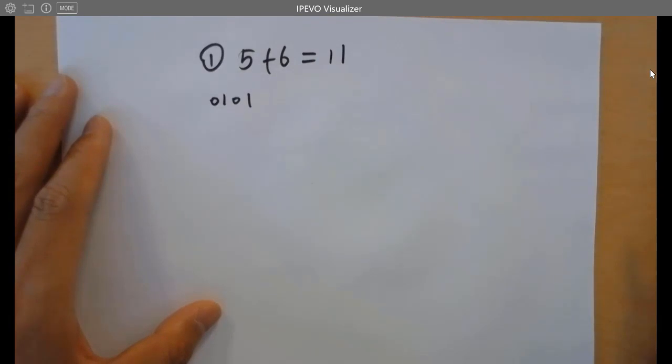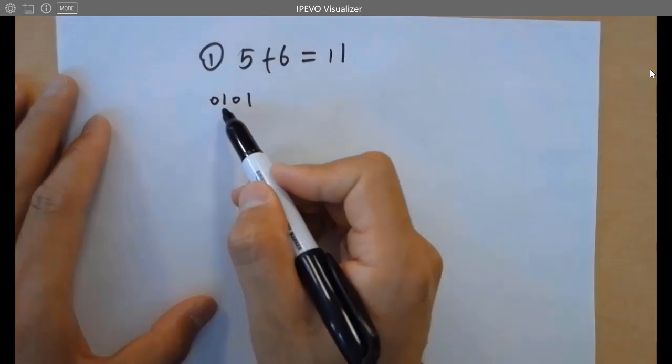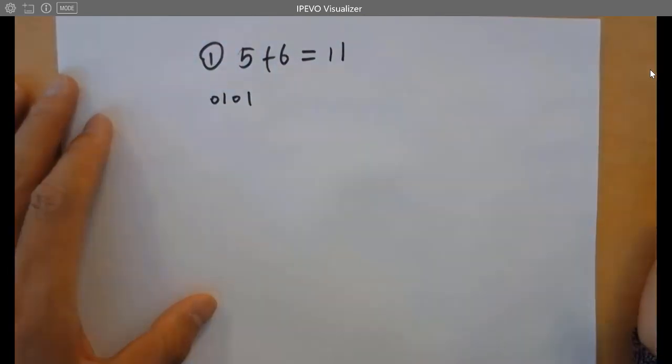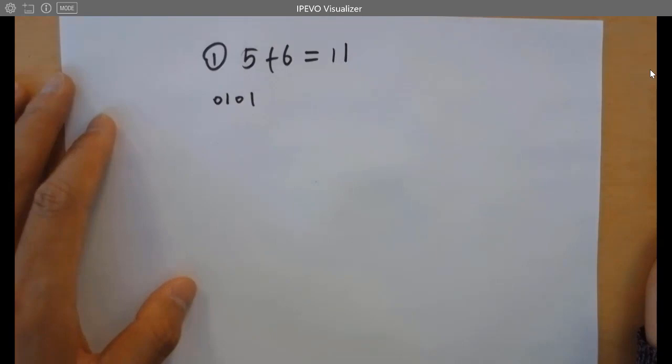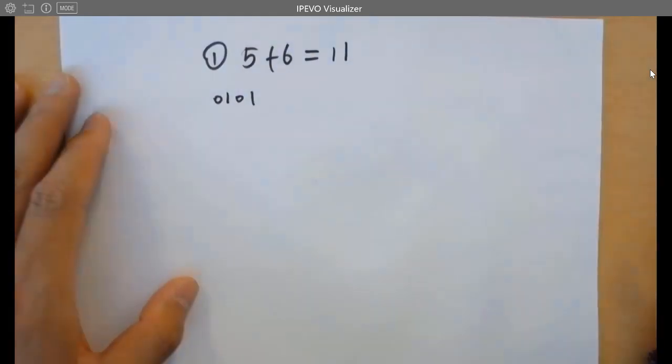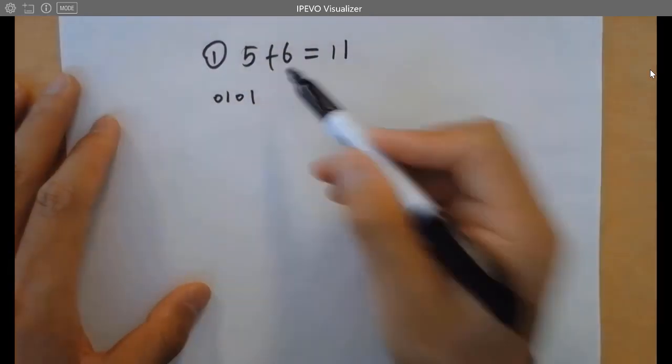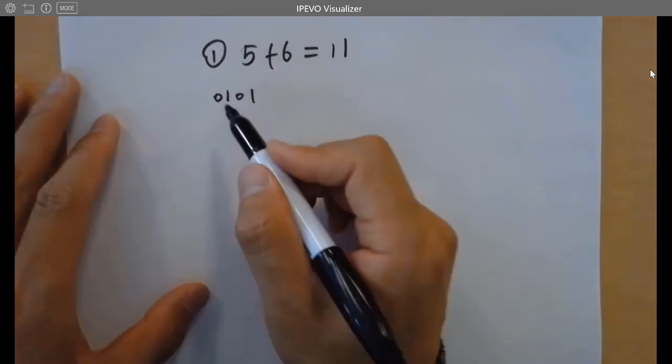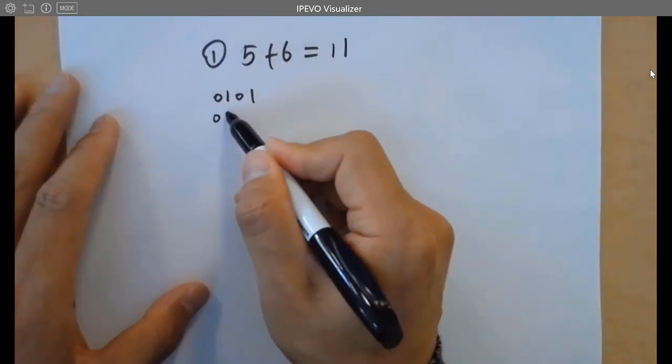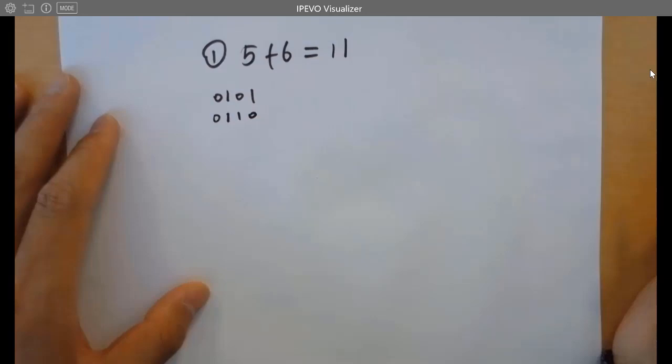It depends on whether you do 0, 1, 0, 1, or just 101. No, 101 is not 5. 101 is minus 3, right? 2's complement. So 5 has to be 0, 1, 0, 1. What is 6? 0, 1, 1, 0.